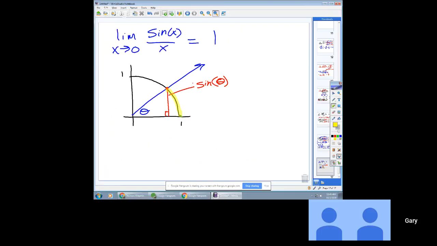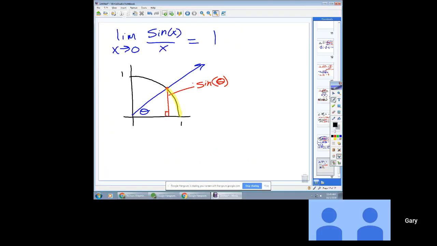It's the radius times theta. The arc length is always just the radius times theta. What's my radius here? 1. So the arc length in this case is just 1 theta, or theta.